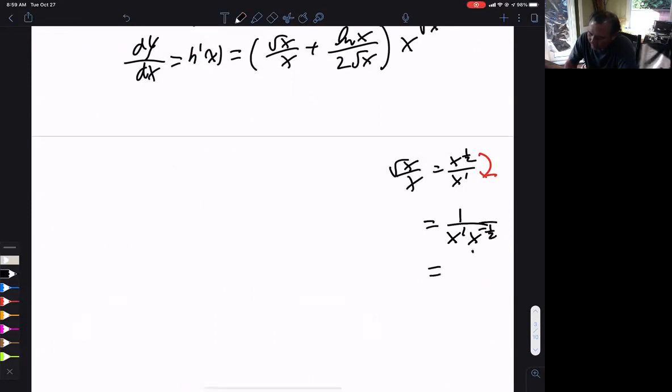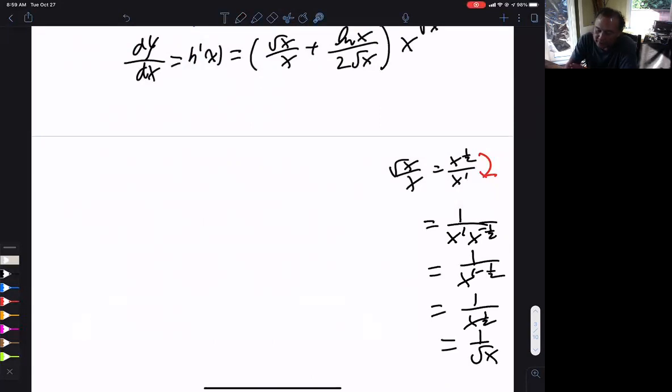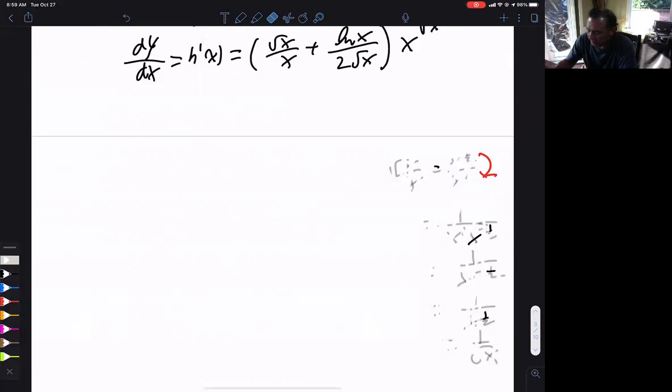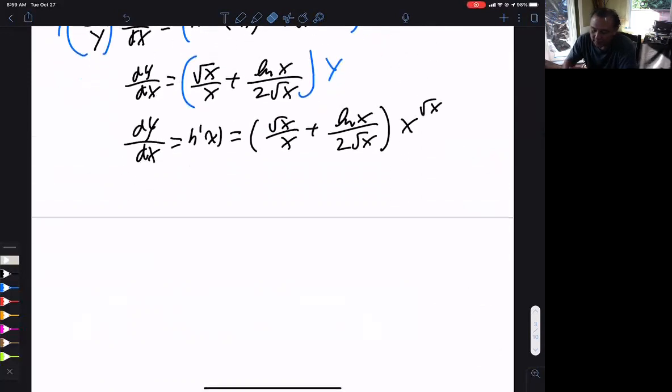So you end up subtracting. It's x to the 1 minus 1/2. That's 1 over x to the 1/2. That's 1 over square root of x. So you could replace this with 1 over square root of x if you want to, but I'm not going to here. I'm just showing you that option, because the book might do it that way.